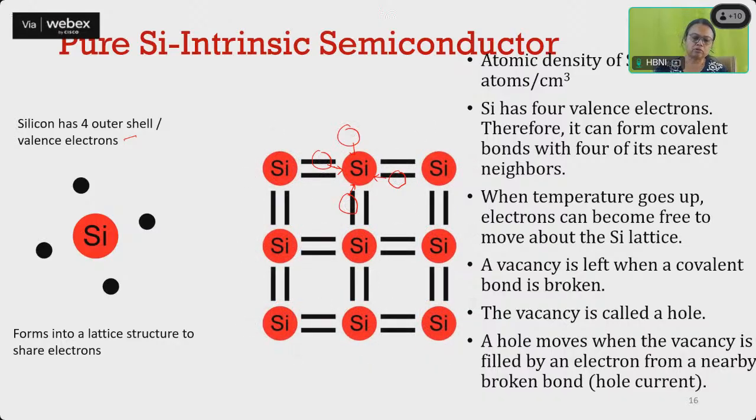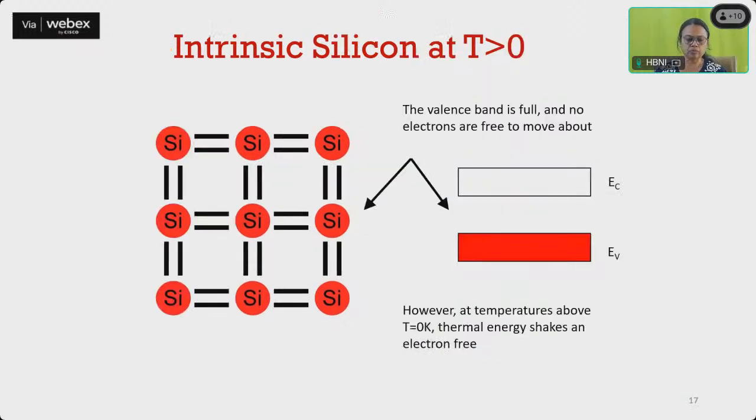So all the electrons are bound to the silicon lattice. When the temperature goes up, these electrons can become free and start moving about the silicon lattice. As we increase the temperature, this electron becomes free.